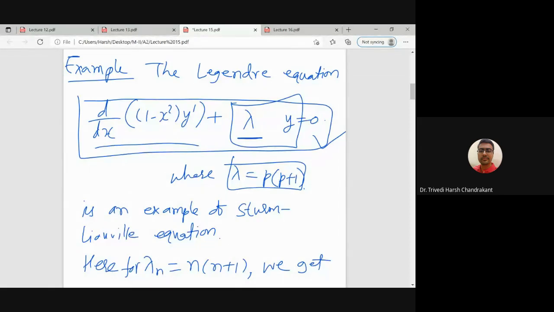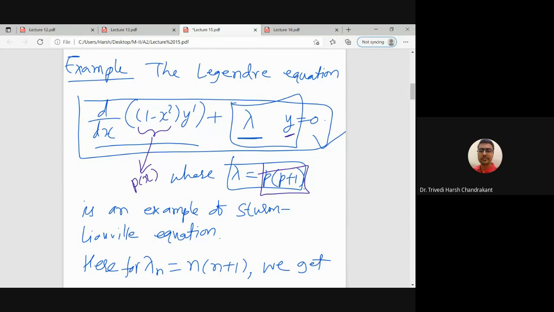We have taken the special case that the Legendre equation is an example of a Sturm-Liouville problem, where we have the p(x) function to be 1 minus x square. That is the coefficient of y dash, and there is only this term times y.